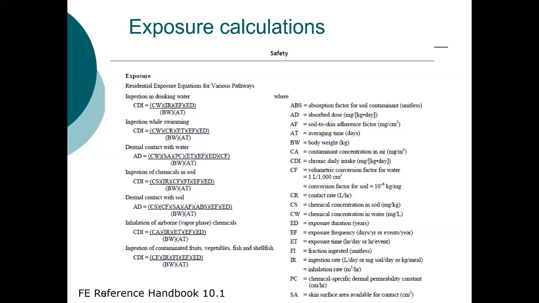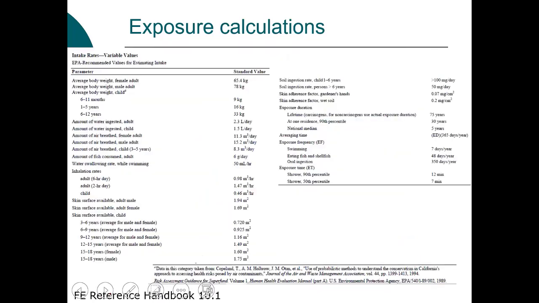This is from the FE Reference Handbook. This is the table that's given for calculating the chronic daily doses or the absorbed doses for dermal contact for the various exposure pathways. The FE Reference Handbook also gives you the various parameters that you need for these calculations.